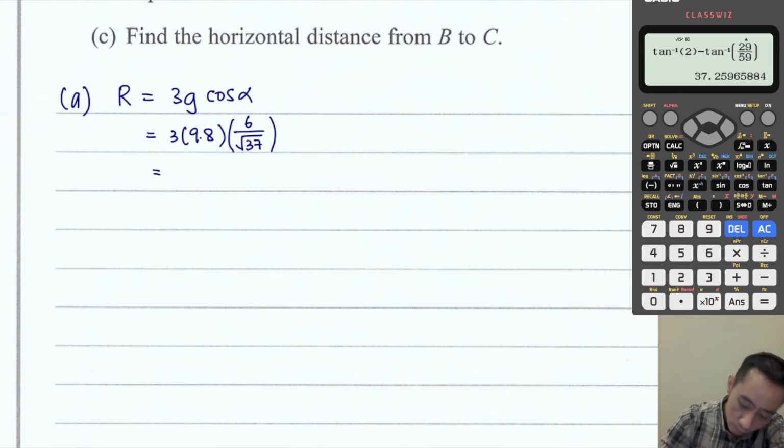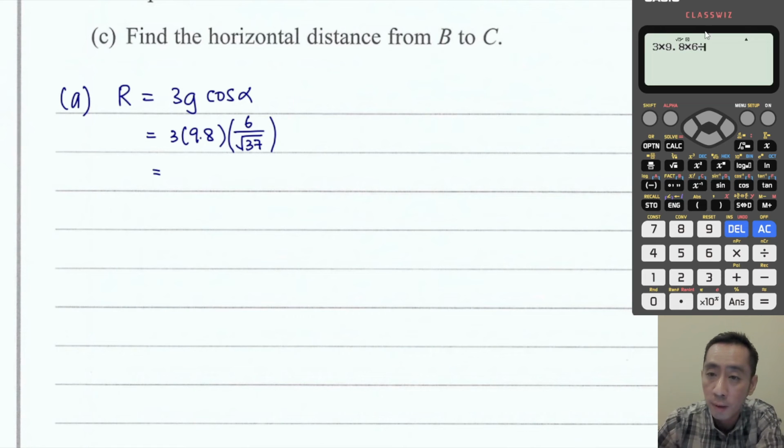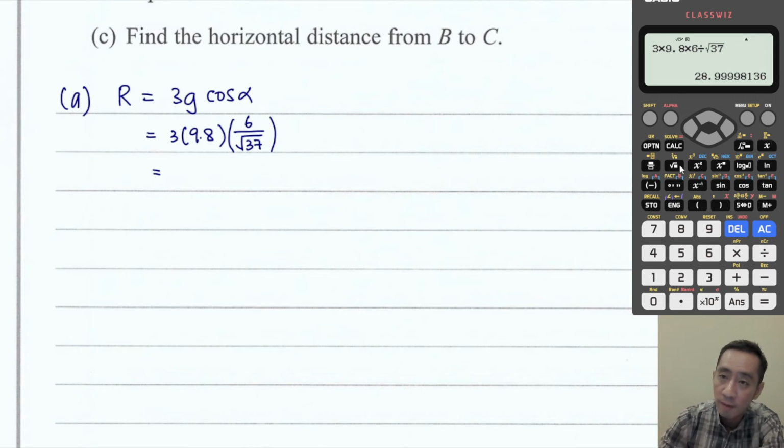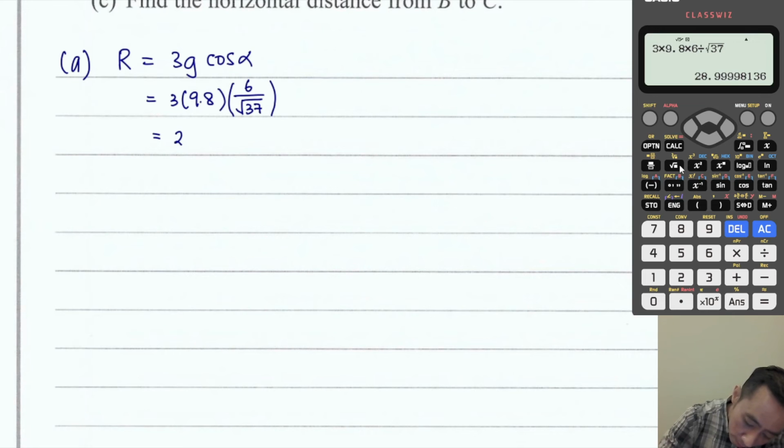So 3 times 9.8 times 6 divided by square root of 37. So here I have 29.0.